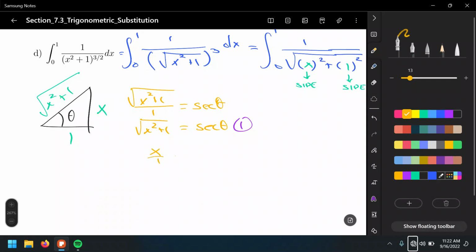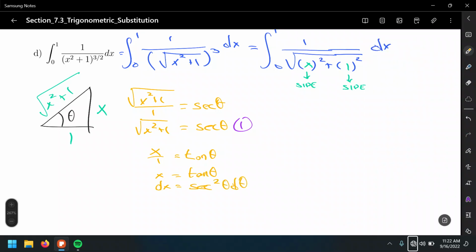Keep it simple. What trigonometric function is that? Tangent. Alright, tangent theta, x over 1, which is x, and dx equals secant squared theta d theta.